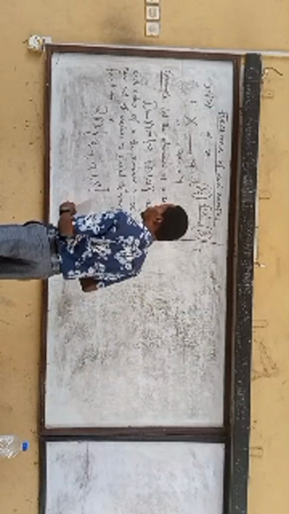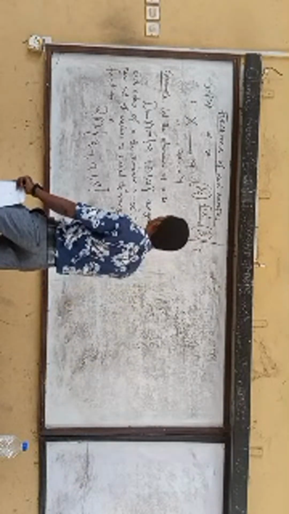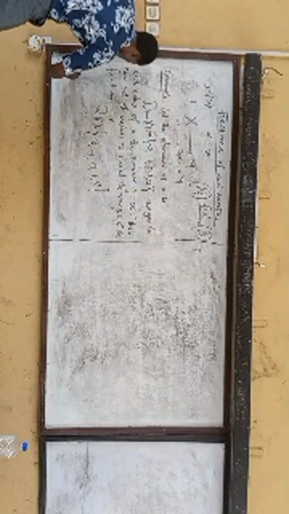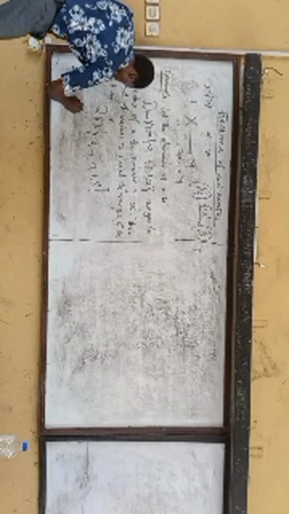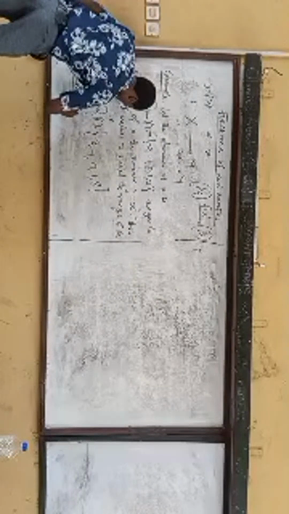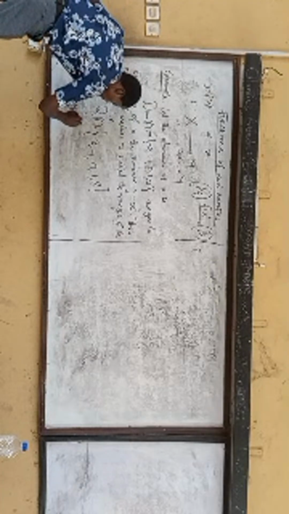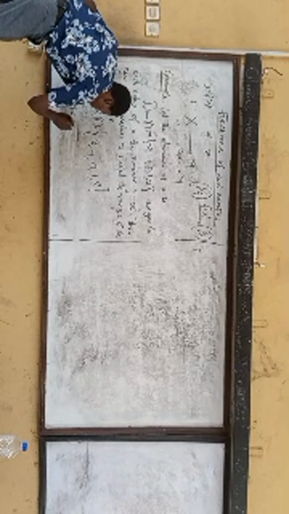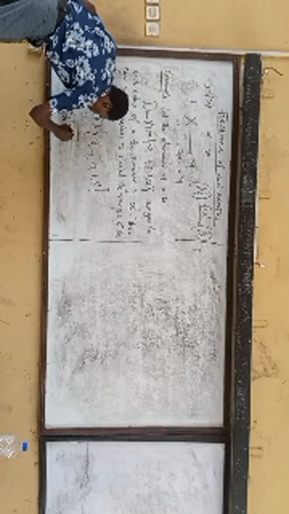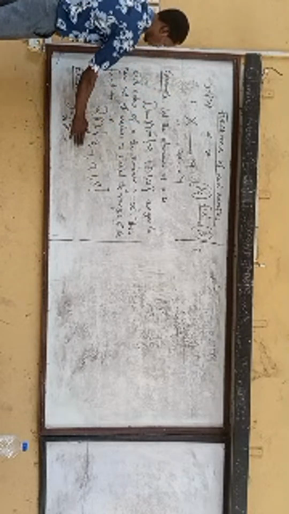Please, you have done functions before. Let me give another example of a function. An example is, let's say, y equal to the cube root of x squared minus 2. This is a function, okay?